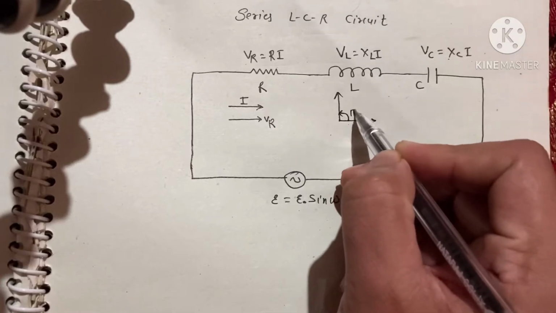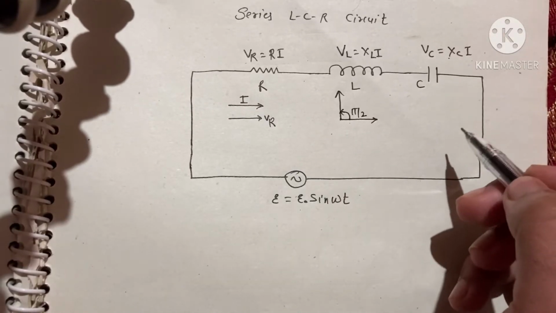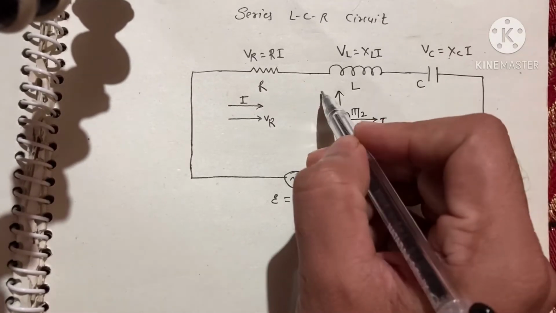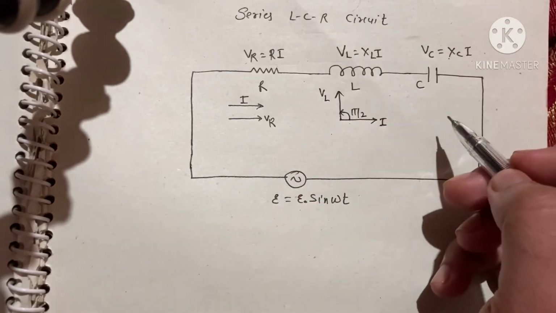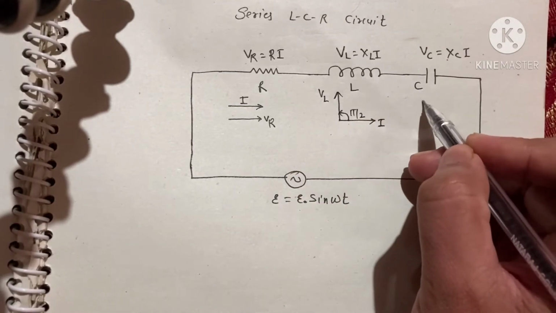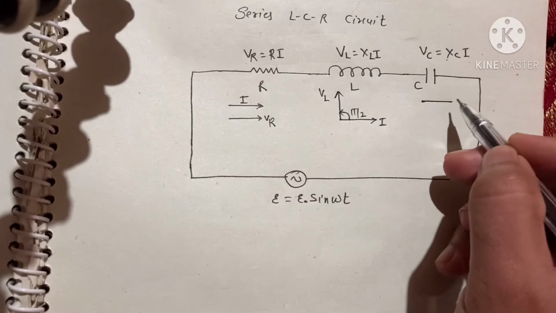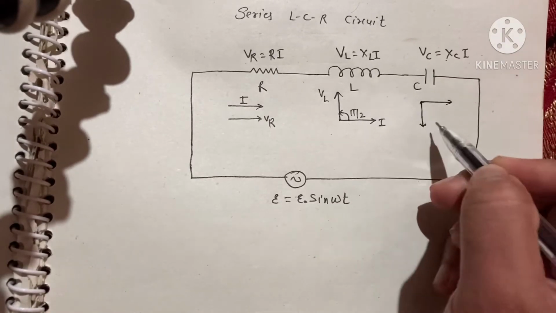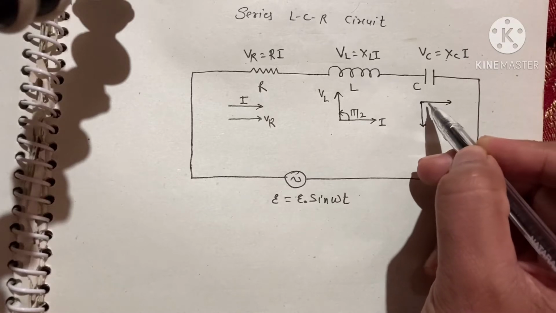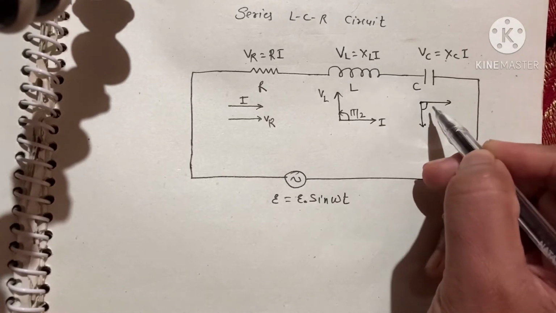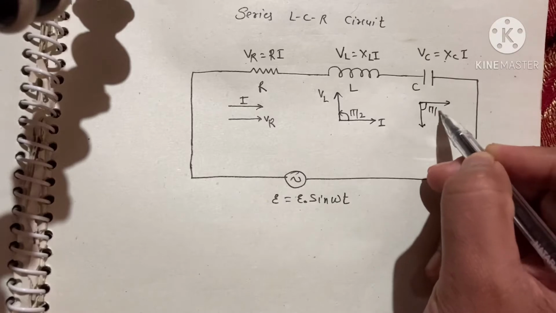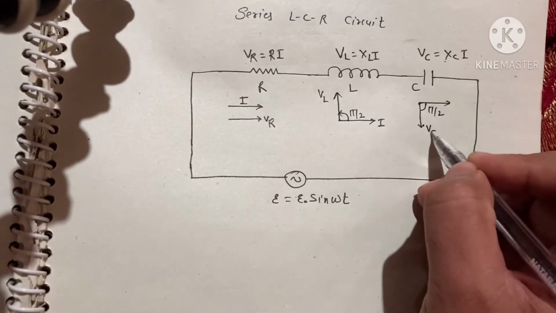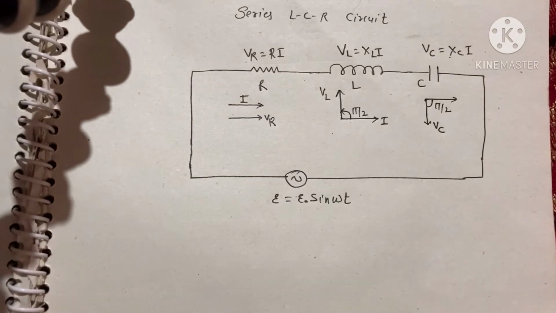This is the current, and this is the voltage across the inductor. In the case of a capacitor, the voltage lags by pi by 2. So this will be the graphical phase relation between current and voltage for a capacitor. This is pi by 2, and this is VC, the voltage across the capacitor.